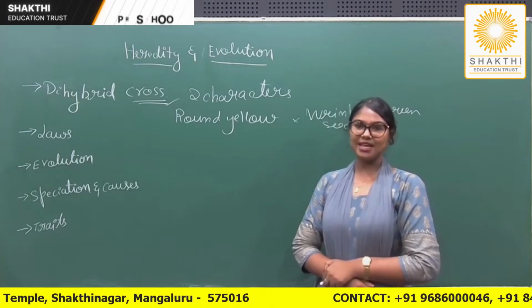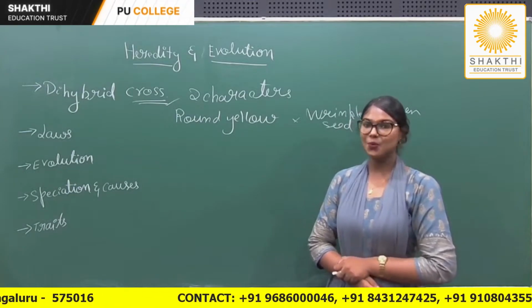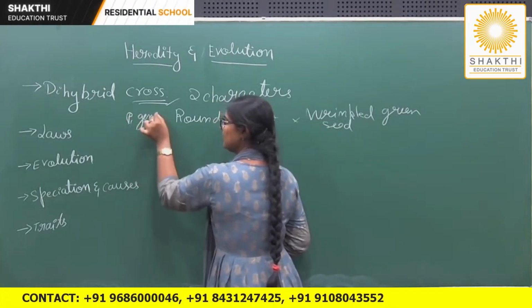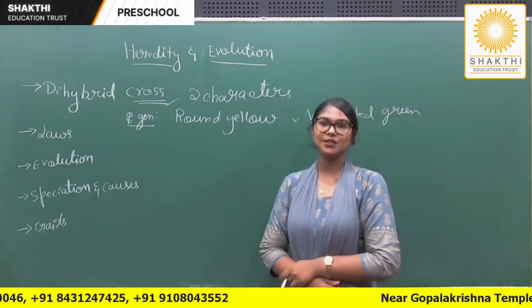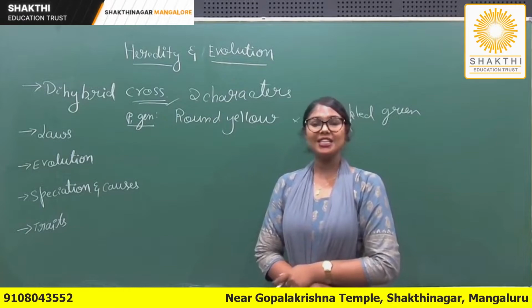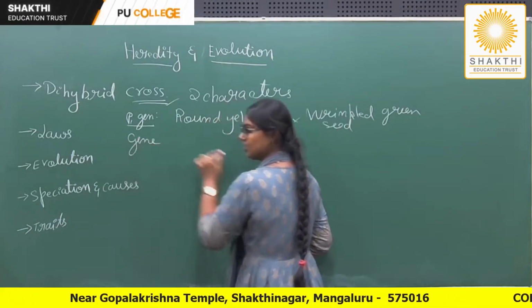Since these are the parents that Mendel takes for his experiment, we shall call this as the P1 generation. If you remember, we are always supposed to start with P1 generation for any cross. Next, we write the genes or the genotype of the P1 generation.